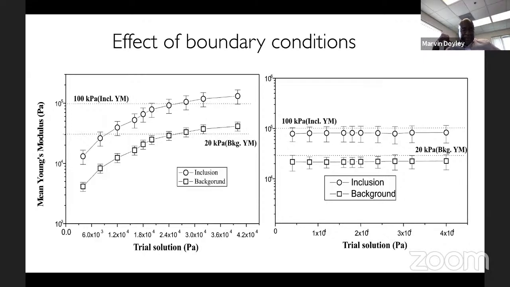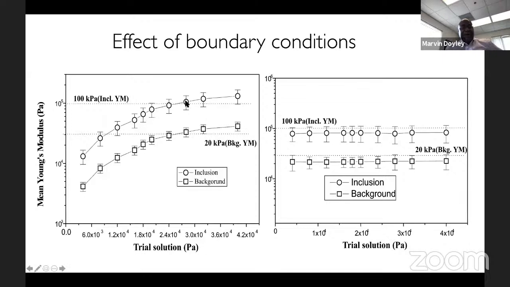Now, if you solve the inverse problem, depending on the boundary conditions that you get, it might be truly qualitative or not, all right? And what do I mean by that? If we apply Dirichlet boundary conditions, so here's a case where we're saying we apply a known strain or a known displacement to the boundary, and that's our perturbation, and we're going to set up the equation and solve the problem.